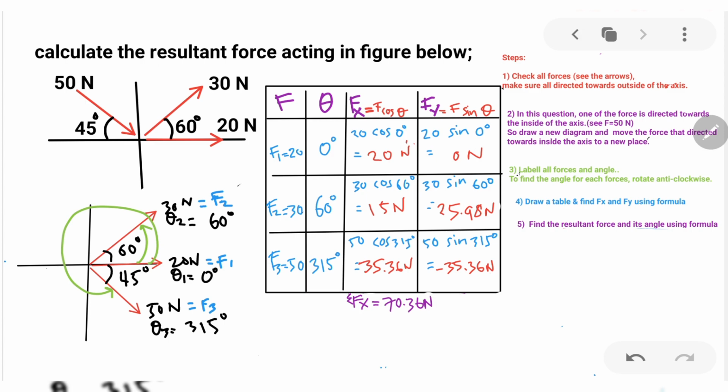And also add all these values for Fy: 0 plus 25.98 plus negative 35.36 Newton.